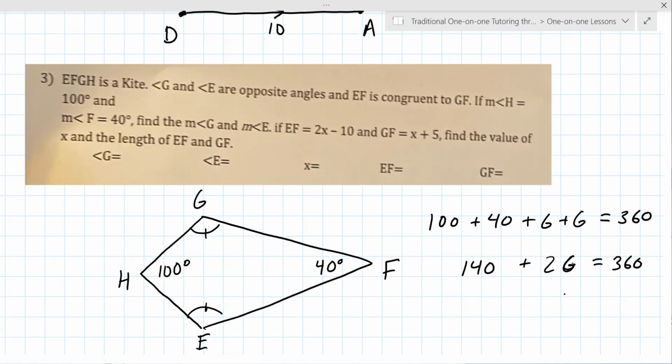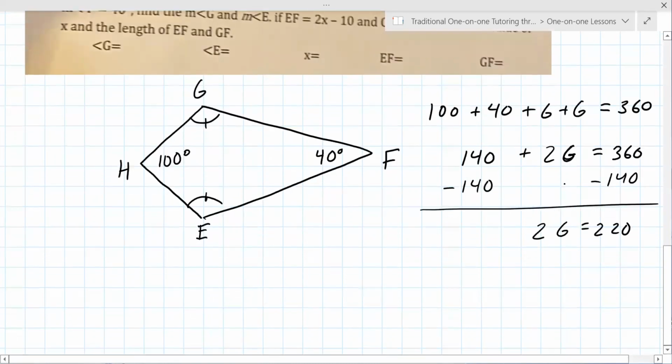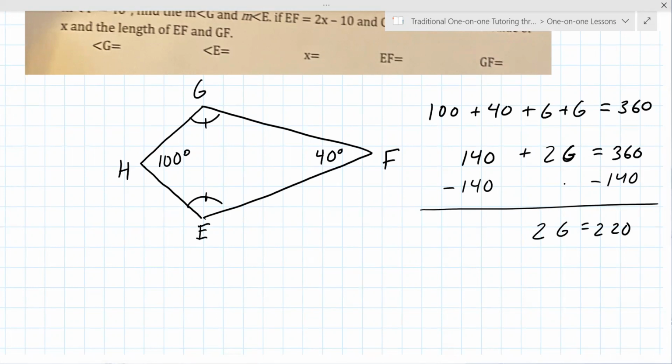So 2G equals 220. How do you solve for G?